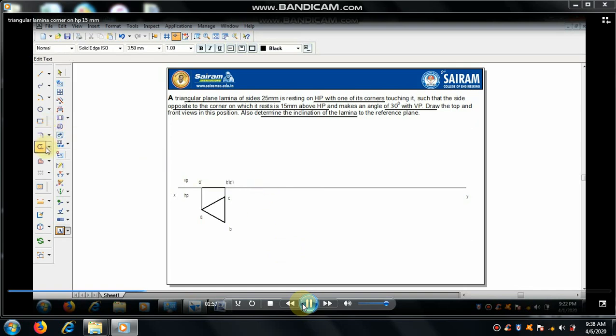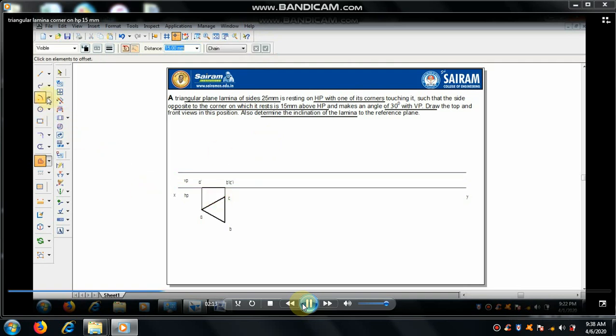Now the next one: the side opposite to the corner on which it rests is 15 mm above HP. So we have to make a line above HP by using the offset command.